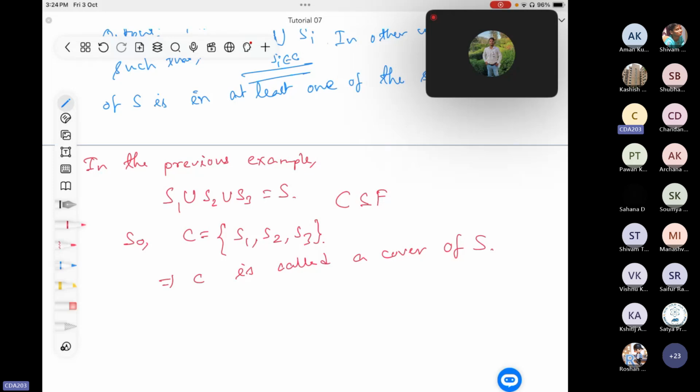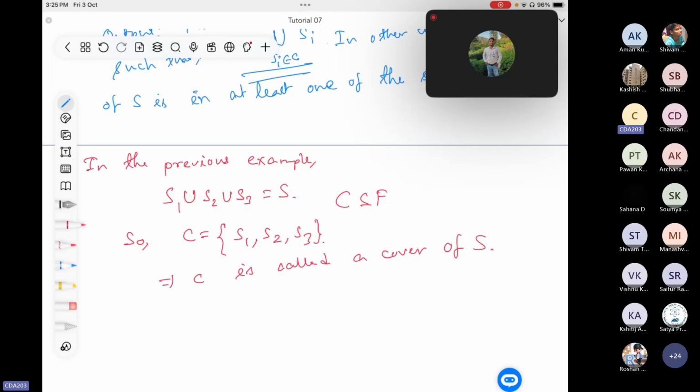So it's a very important problem actually. It has a lot of applications in very different areas of computer science. There are a lot of algorithms and problems designed based on these kinds of covering problems. You may encounter them later in some courses.